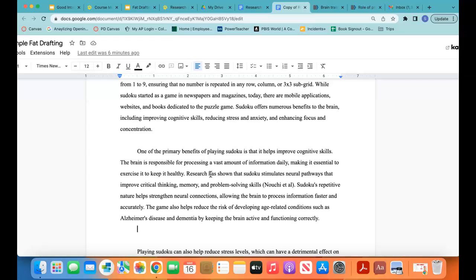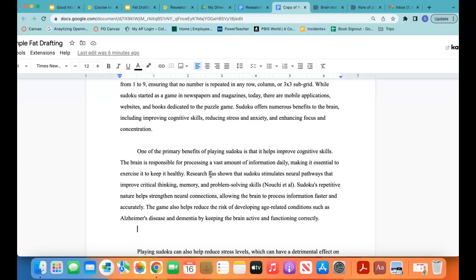The next thing I'm going to do is I'm just going to free write. And I'm not going to worry about what I wrote in this paragraph. If I repeat some things, that's okay. I'm not going to worry about writing everything perfectly. I'm just going to try to get out my ideas.